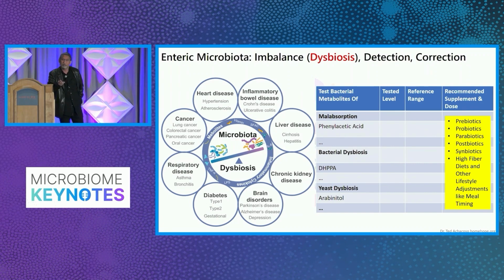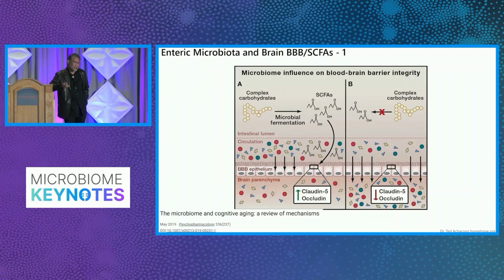As I say in my lectures, the fastest diminishing macronutrient in the human diet is fiber, right? Lifestyle adjustments like meal timing. All of us usually sacrifice our meal timing in order to do our work or to have our extracurricular activities. So let's take a look at the enteric microbiota and the blood-brain barrier. You can see here the role of short-chain fatty acids.